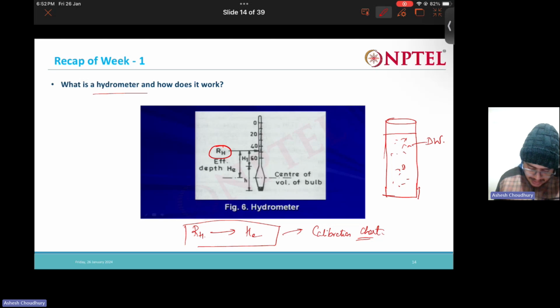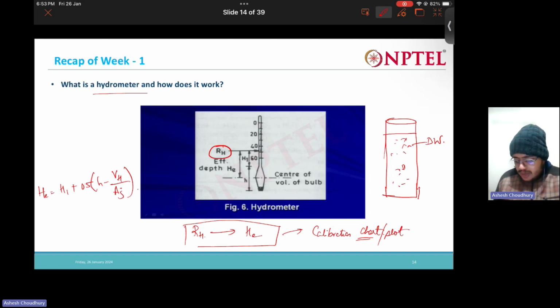So this H is nothing but H1 plus. Okay, this is a calibration chart or calibration plot.